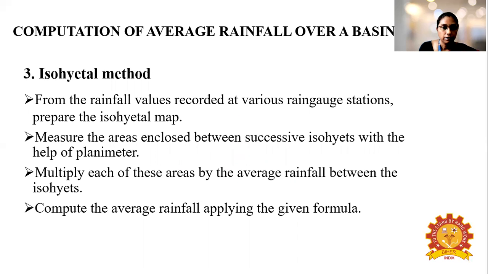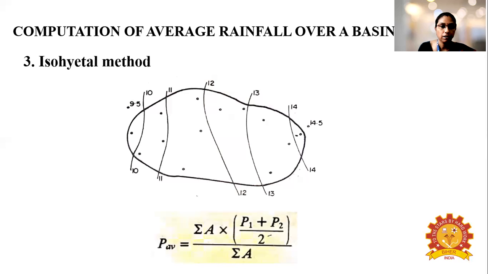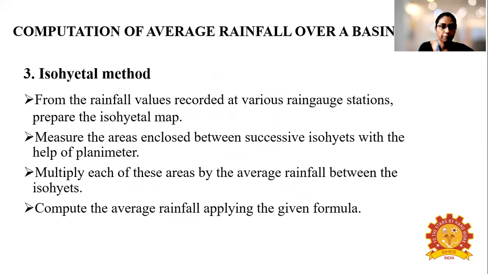So here the rainfall values are taken from various rain gauge stations, and you have to prepare the isohyetal map, and you have to measure the areas between two successive isohyets with the help of a planimeter. So here in this diagram, you have the various contour lines shown.